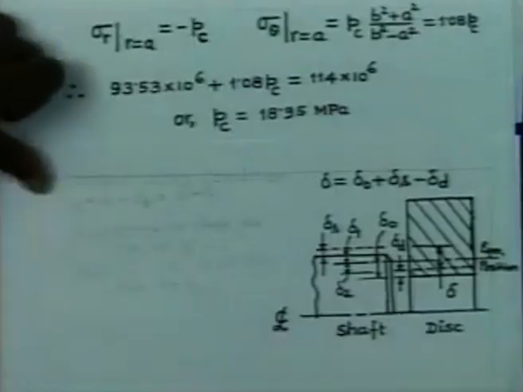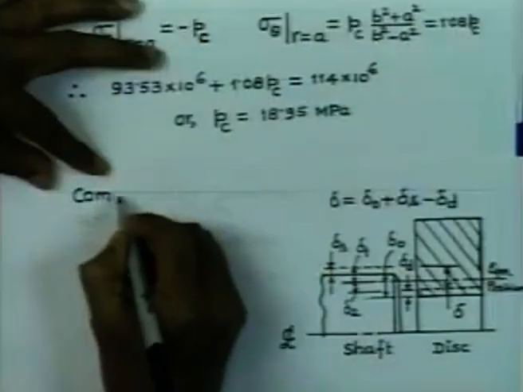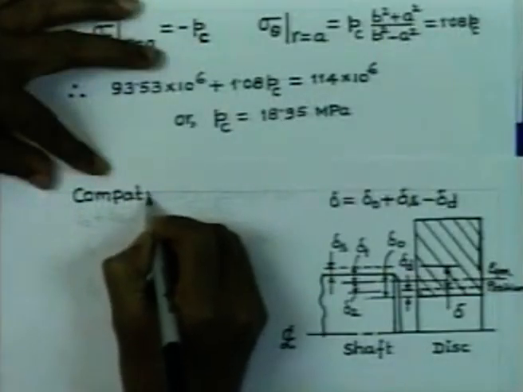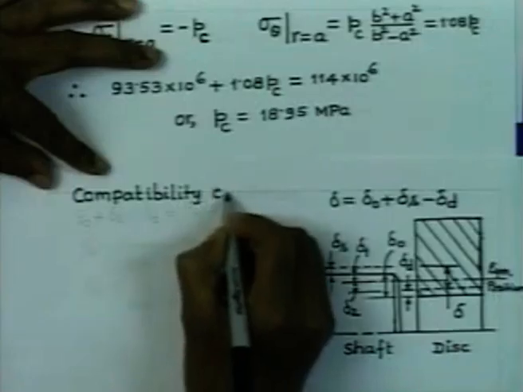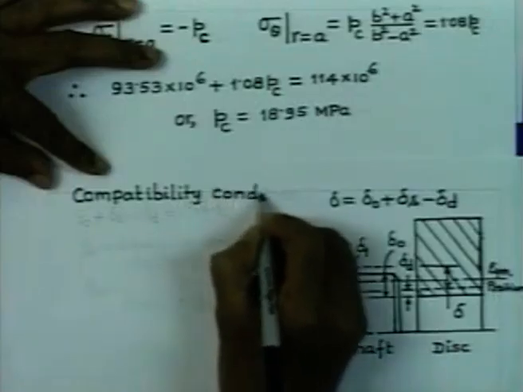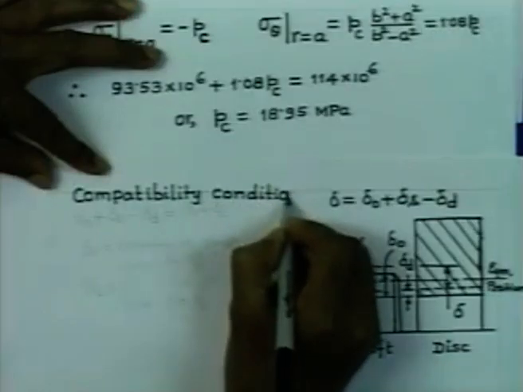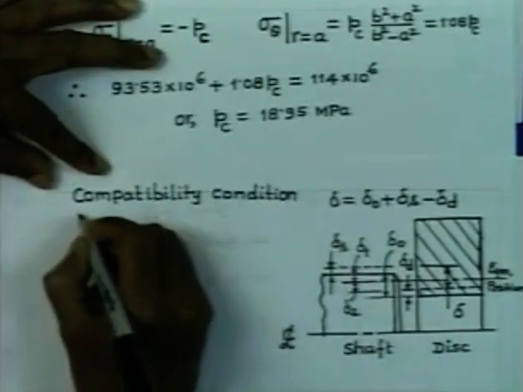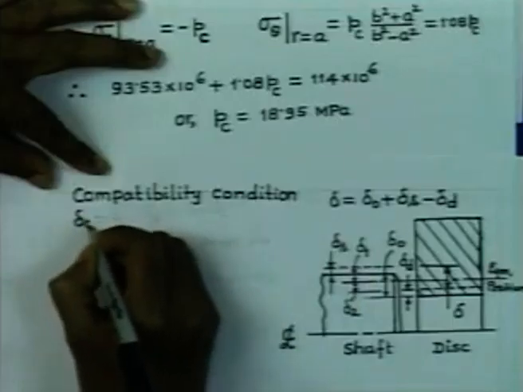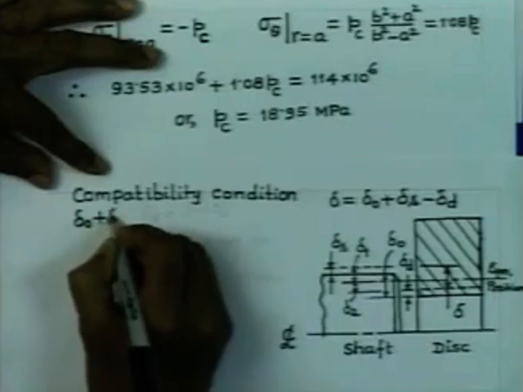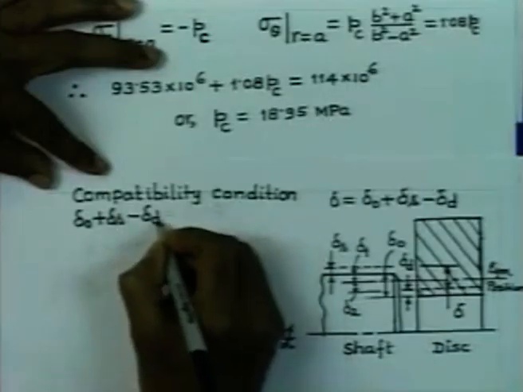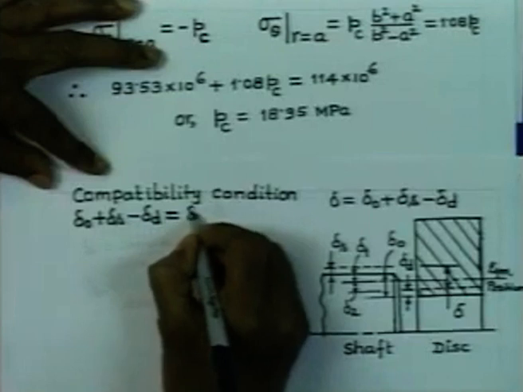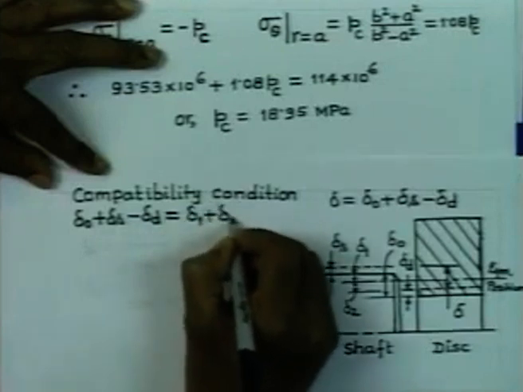So, we can now write the compatibility conditions: delta 0 plus delta S minus delta D is equal to delta 1 plus delta 2.